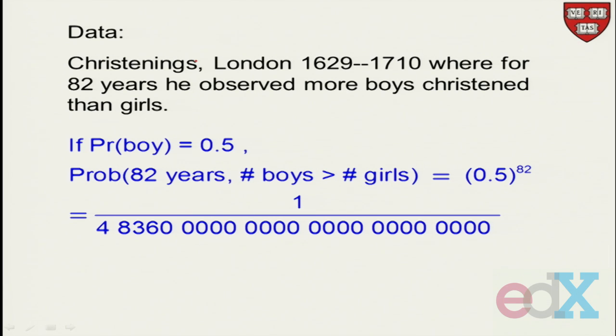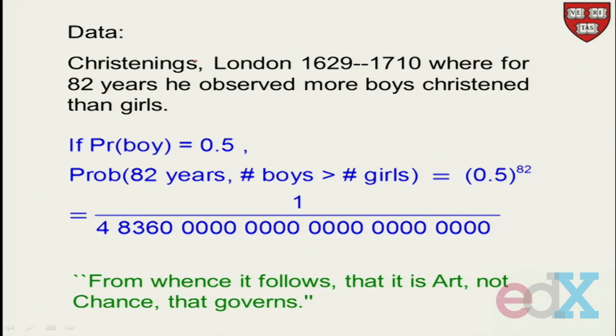So that's the independence assumption, which is quite valid, I guess, going from year to year. It should be independent. And that, he said, therefore, from whence it follows that it is art, not chance, that governs. Now, why chance had to be exactly 0.5 and not 0.505 or 503, whatever, I don't know. But anyway, there it is.